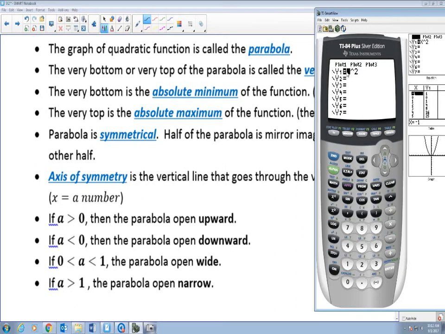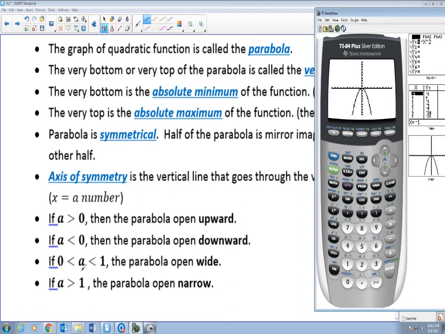What's in front of the x is a positive 1. So that positive sign will tell me my parabola opens upward. If I were to insert a negative 1, then my parabola will open downward.